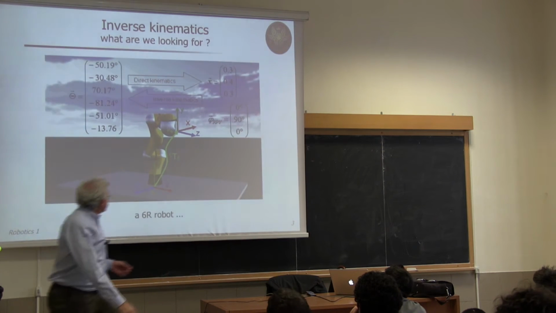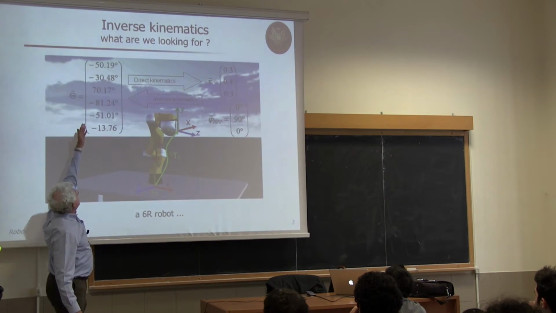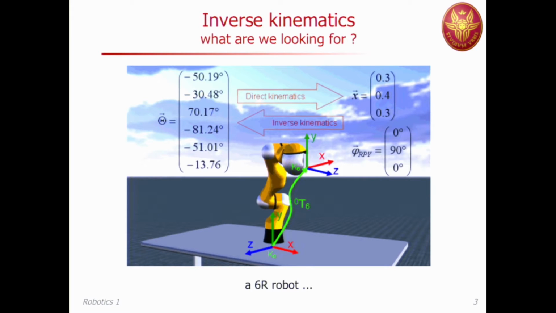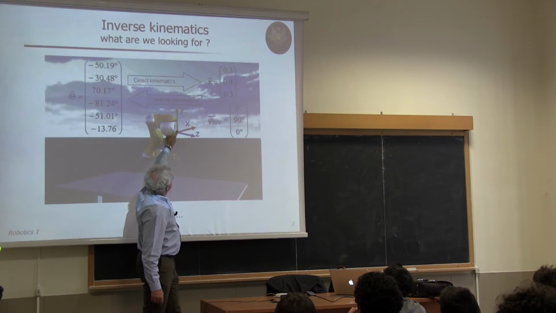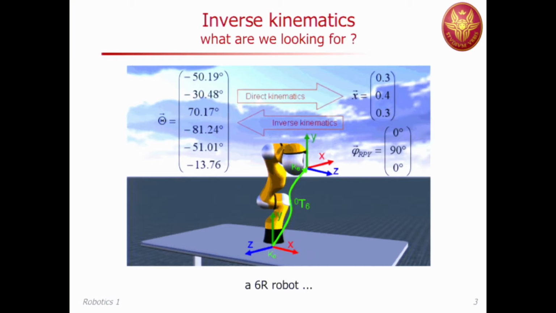So the direct kinematics would be: I give some joint values to the angles, and the angles, remember, are defined with some convention, for instance the Denavit-Hartenberg convention. And then through the direct kinematics, I compute the position of the origin of this frame, and orientation. Here they are using roll-pitch-yaw of this frame with respect to the base frame.